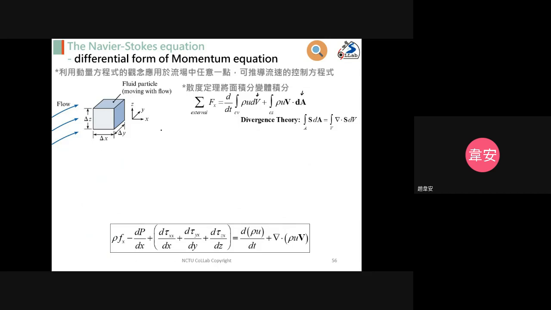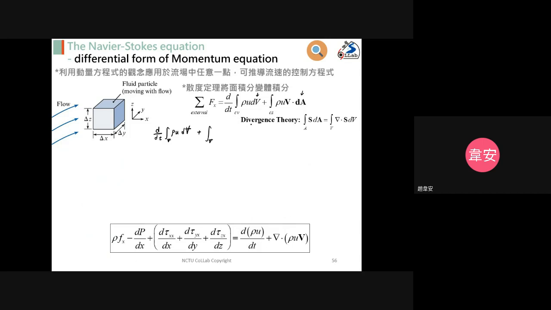So for this, we know that the first item is d/dt of the integral of rho u dV, the total volume, so it integrates around the volume. And on the right hand side here, we would like to convert the integral along the area to the volume.